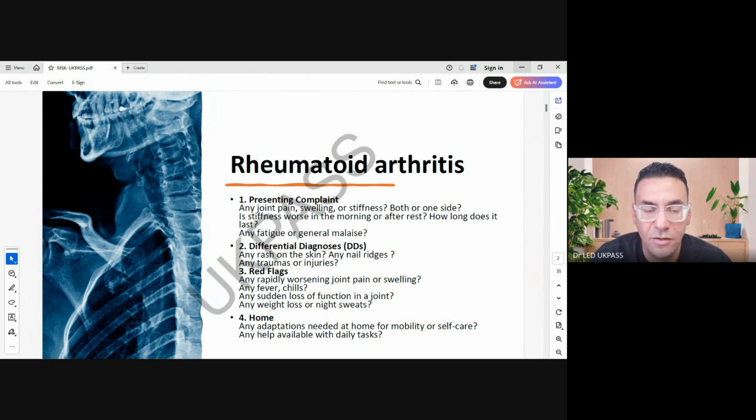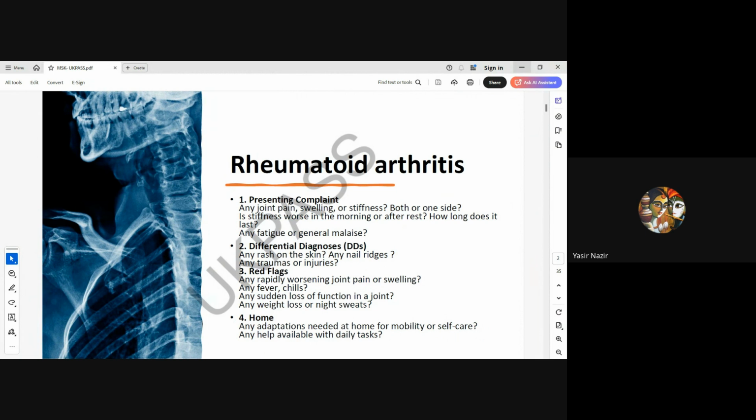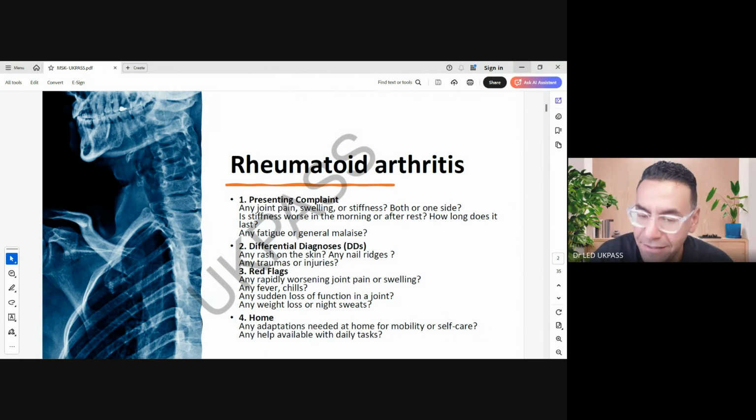Then the next step is, is this condition treatable? Can it be brought under control? Is rheumatoid arthritis treatable, or can it be brought under control by specific medications, such as DMARDs?